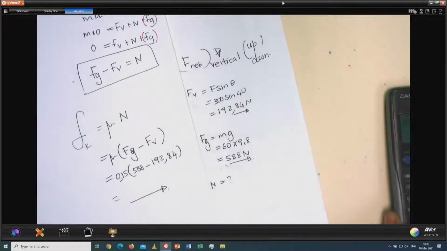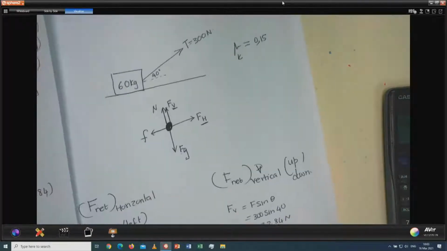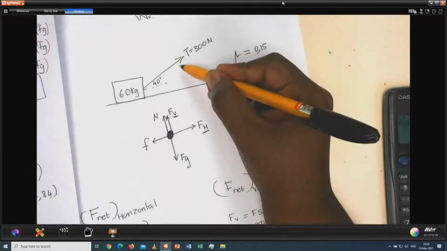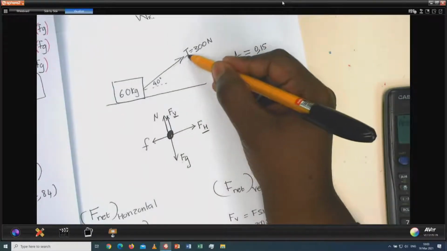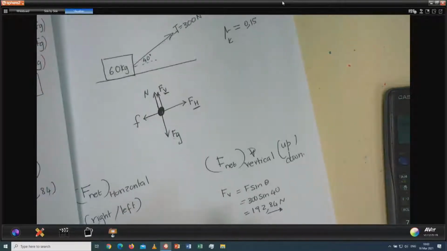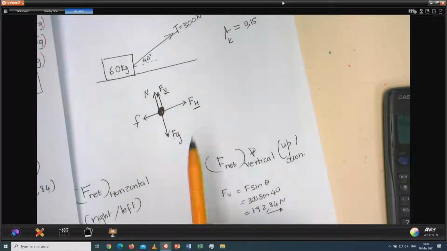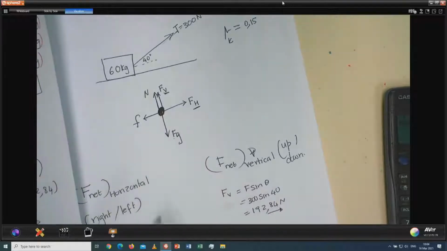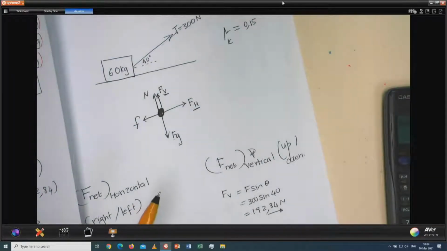Now, in this instance, you can see that this is a pulling force, so the vertical component is upward. But now what happens if we have a pushing force?